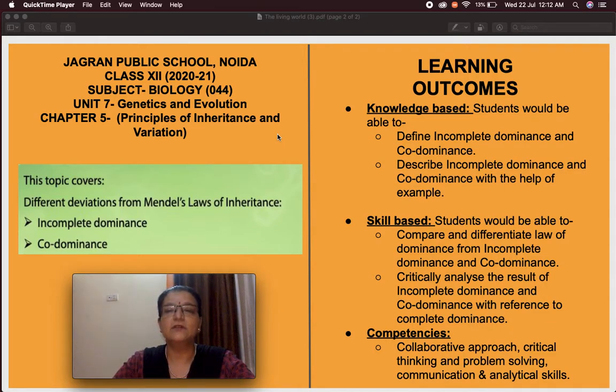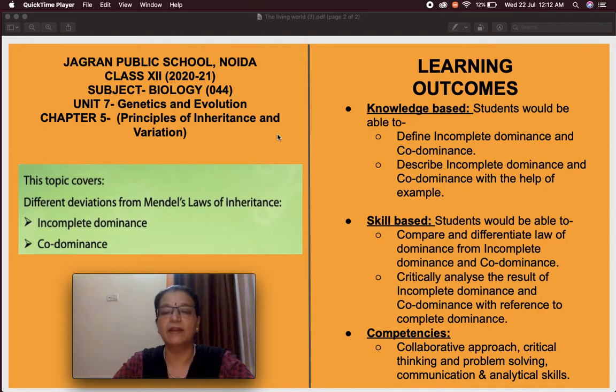In skill based learning outcomes, you would be able to compare and differentiate complete dominance from incomplete dominance and codominance. You will also be able to critically analyze the result of incomplete dominance and codominance with reference to the complete dominance concept of Mendelian inheritance.